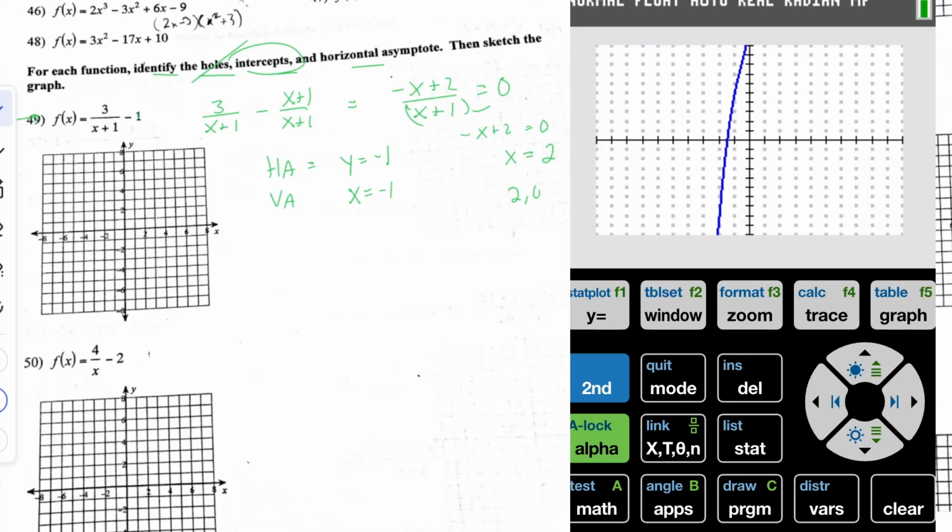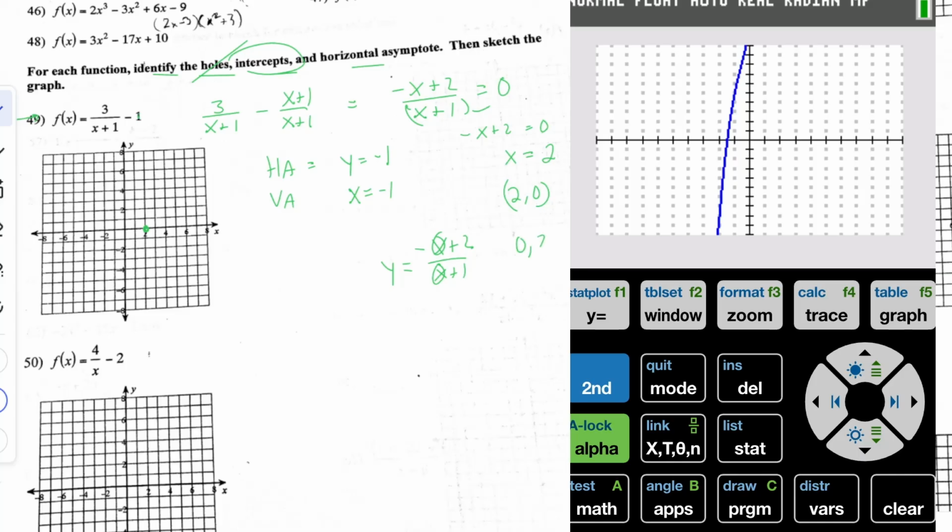So 2 comma 0 is your x-intercept. To find the y-intercept, you plug in x equals 0. So let's rewrite this thing. So I plug in 0 there and there, I get what, I was almost going to say -2, but no, it's just +2.